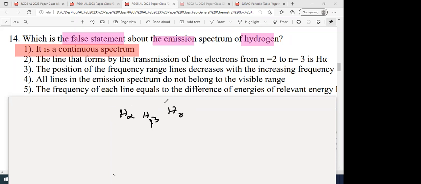H delta, like that. Then the frequency increases, the gap decreases, that's true. All lines in the emission do not belong to the visible region, that's also true.